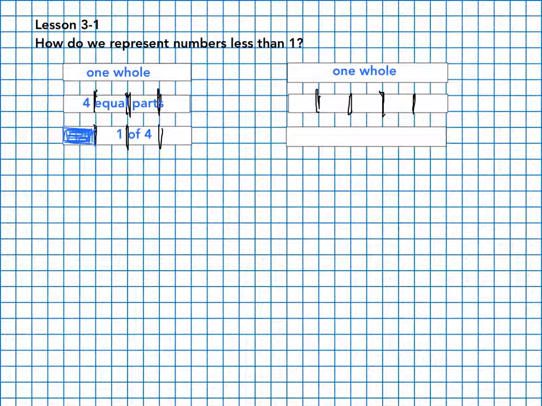And we're going to call this one 5 equal parts, because what we've essentially done is split it into 5 equal parts.